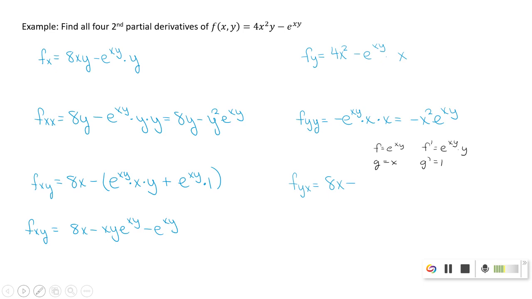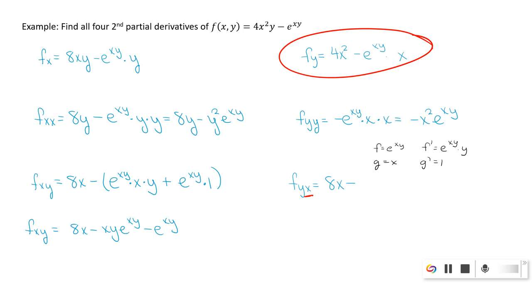Finally, I'm going to take the derivative of f sub y with respect to x. So first term, derivative of 4x squared is 8x. And then for the second term, well, I'm going to have to use the product rule on this because the e to the xy is being multiplied by an x, and that's what our variable is.